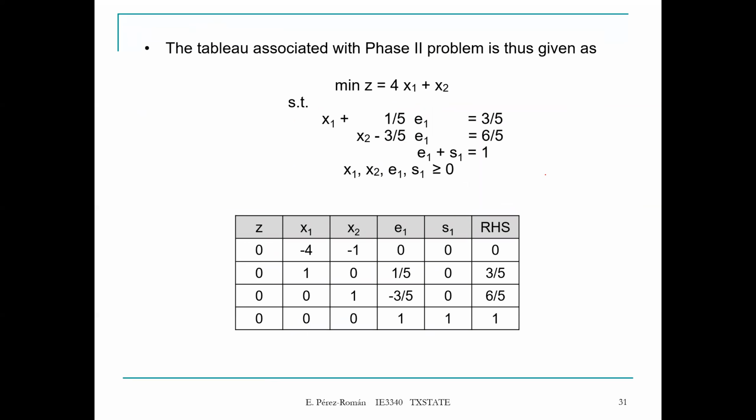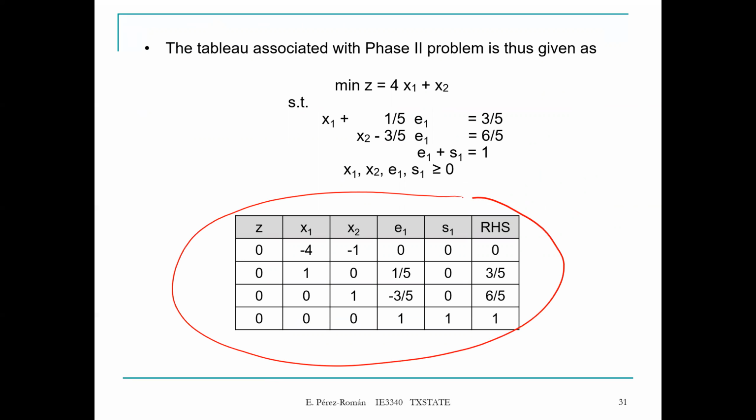The tableau associated with the phase 2 problem is thus given as this. So these are the coefficients from this problem, right?